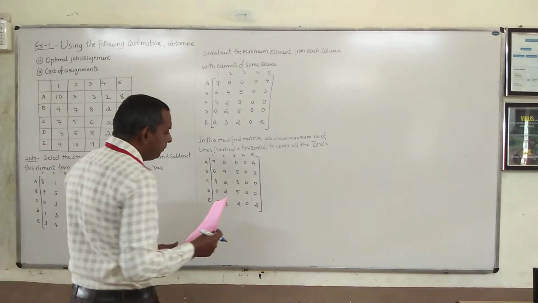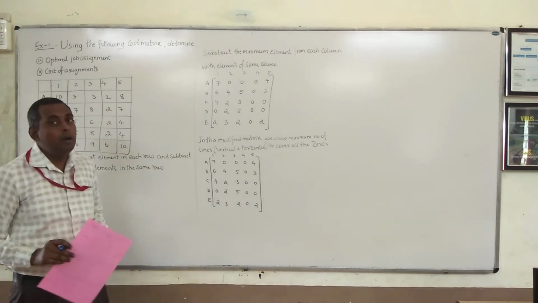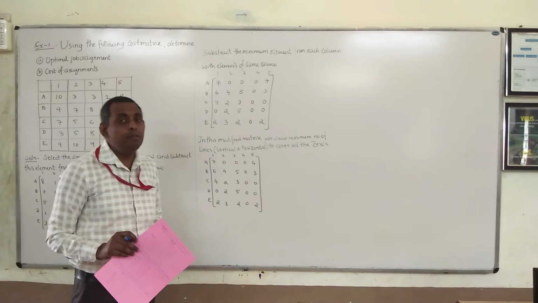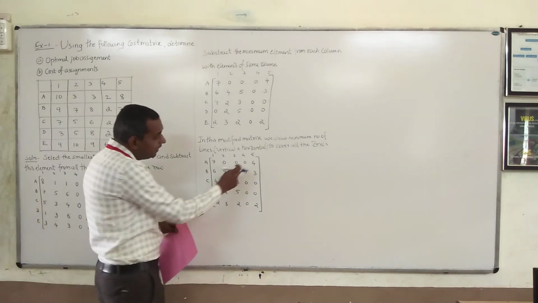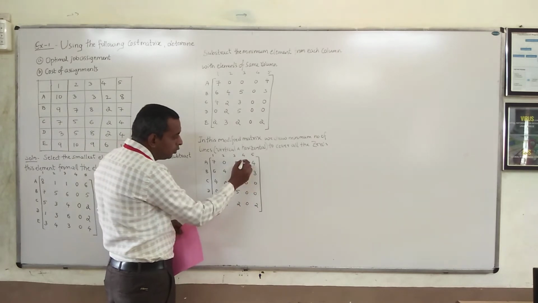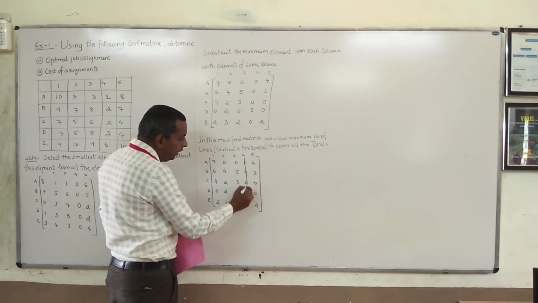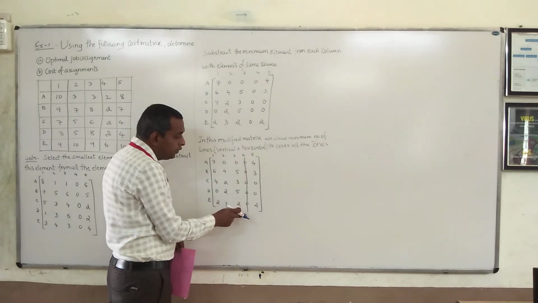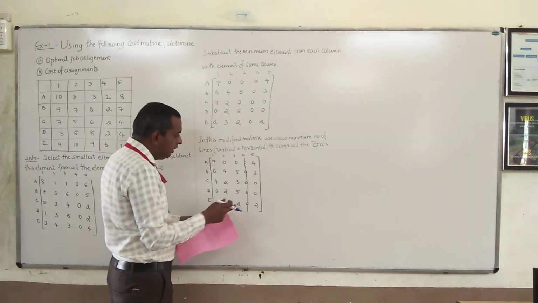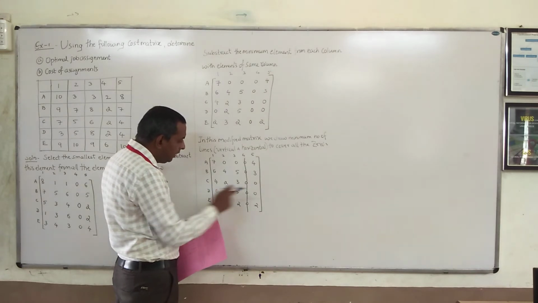So we have to draw the minimum number of horizontal and vertical lines to cover all the zeros. So here I go with the maximum number of zeros are here. So I draw the line. Here the maximum number of zeros are here. So I draw the line. So the next comes here.